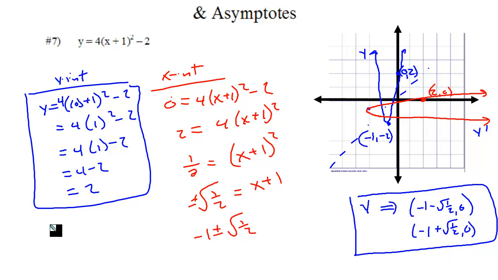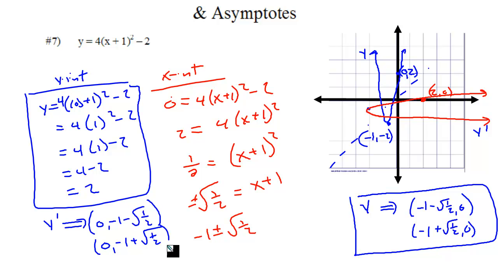Which means that y prime has y-intercepts of negative 1 minus the square root of 1/2 and negative 1 plus the square root of 1/2.